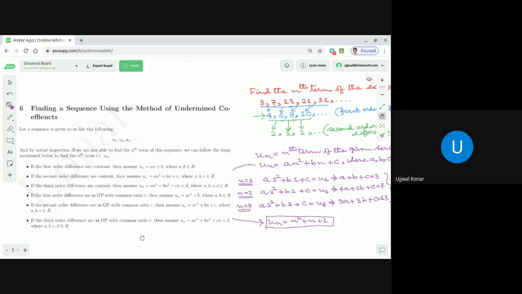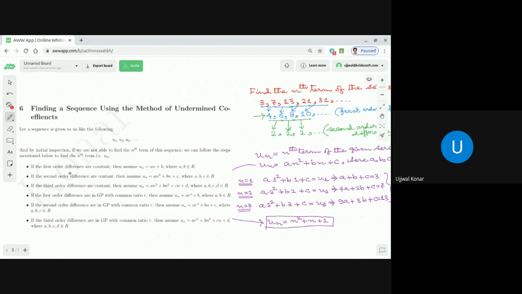So what it says is that a sequence is given to us like the following: U1, U2, U3, and so on. And by initial inspection, we are not able to find the nth term of the sequence. In that case, we can follow the steps mentioned below to find the nth term.